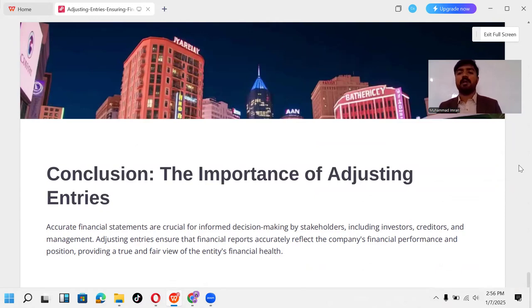And after using these, different persons who are interested in these financial statements can make decisive decisions of investment or crediting money to these companies. And the companies can also show that their financial health is at this position and they are eligible for getting some loans or investments from their investors or creditors. So this is all in chapter 4.